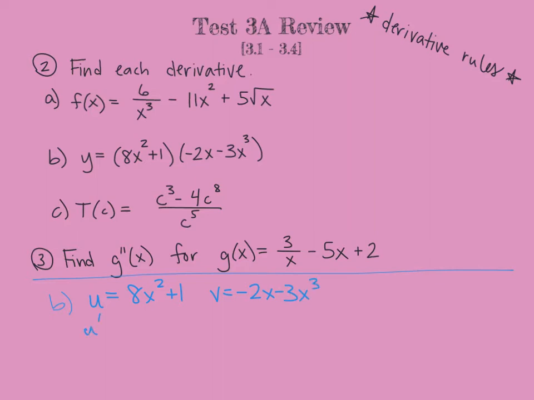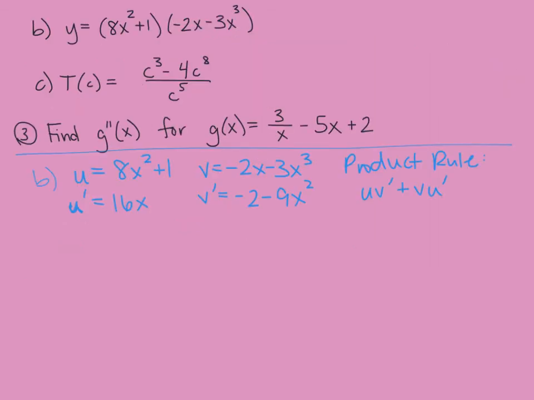Then u prime, taking the derivative of u, is 16x using the power rule, and v prime using the power rule is negative 2 minus 9x squared. The product rule tells us that if we're multiplying two things together and we want to take its derivative, it's u times v prime plus v times u prime.